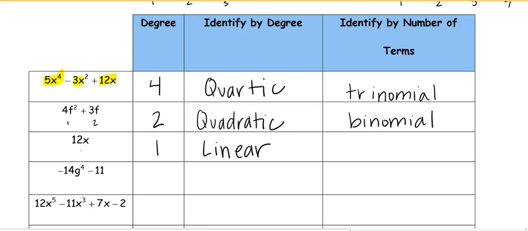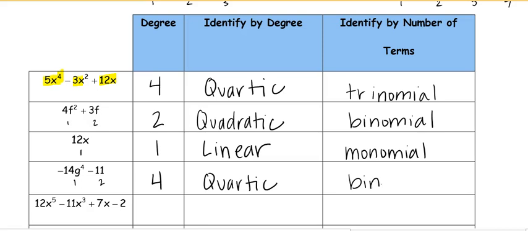And there's only one term, so this is a monomial. In the next one, the highest degree is 4, so again this is called quartic. And there's 1, 2 terms, so again this is binomial.